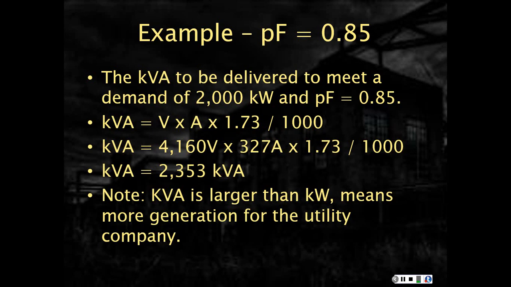Note that it's greater than the kW, meaning more generation for the utility company. Generation capacity is the limiting feature in most utility companies. Once they start reaching their maximum generation capacity, they either have to buy generating capacity off the grid, or they have to send some of their customers into a brownout or blackout situation.